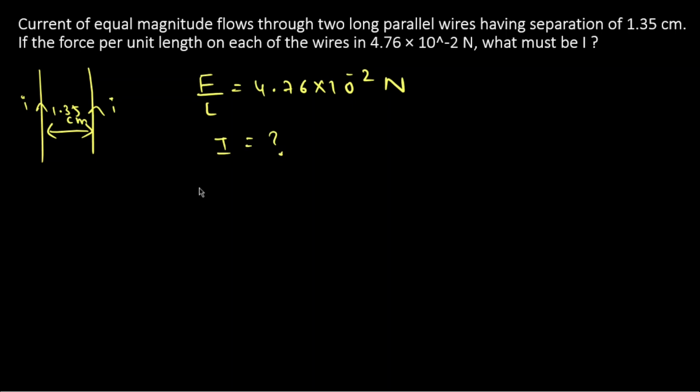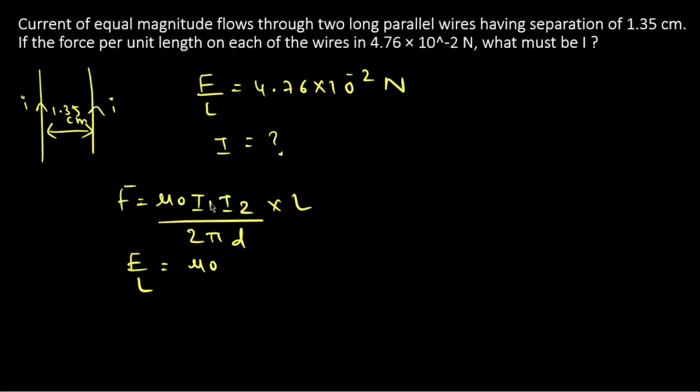Now we know that for two parallel current carrying wires, the force is given to us as F equal to mu naught I1 I2 into L divided by 2 pi d. So F upon L, that is force per unit length, will be mu naught, and since both the currents are the same, I can write this as I square divided by 2 pi d.